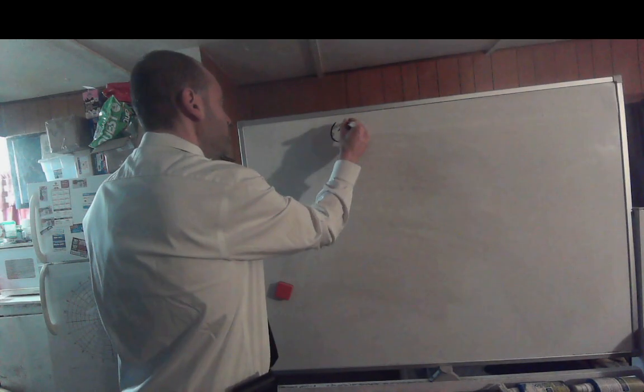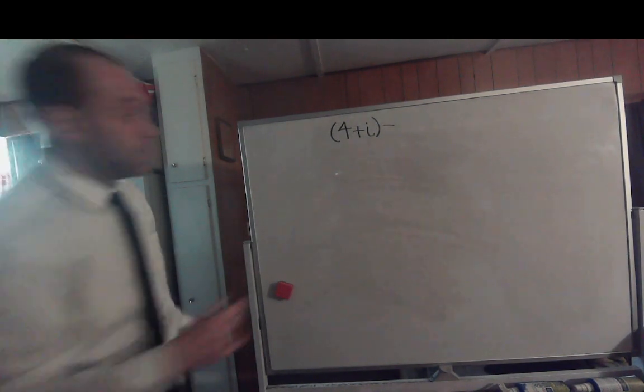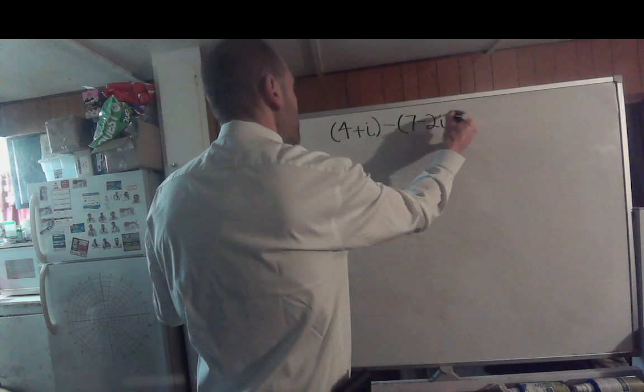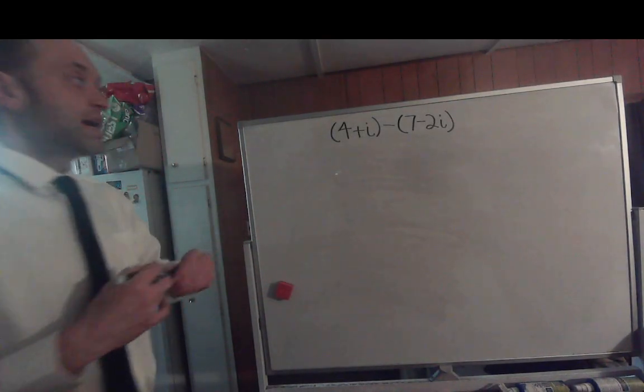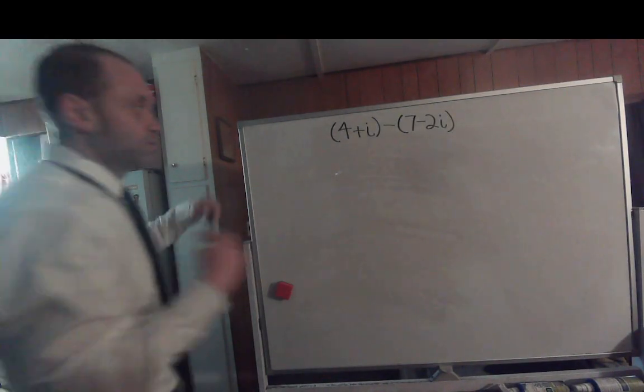Now you can also add and subtract whole complex numbers. Let's say you have the quantity 4 plus i minus the quantity 7 minus 2i. So you can add and subtract whole complex numbers. It's really no different than doing a variable.